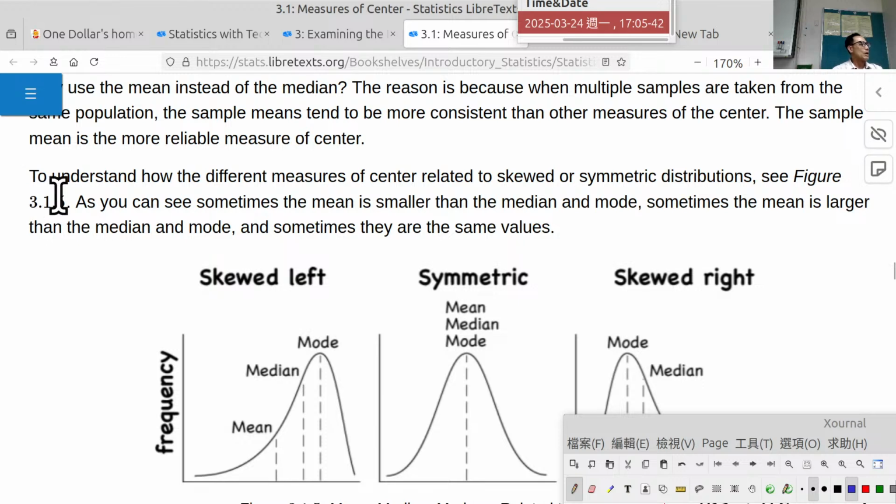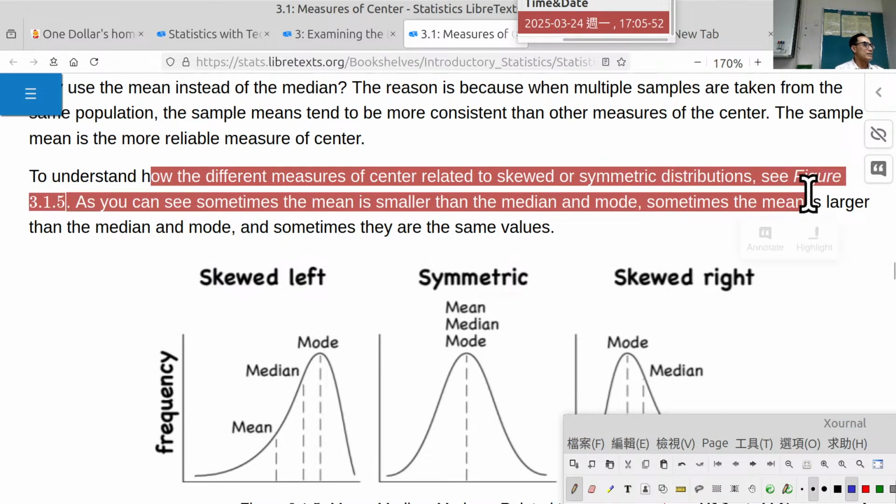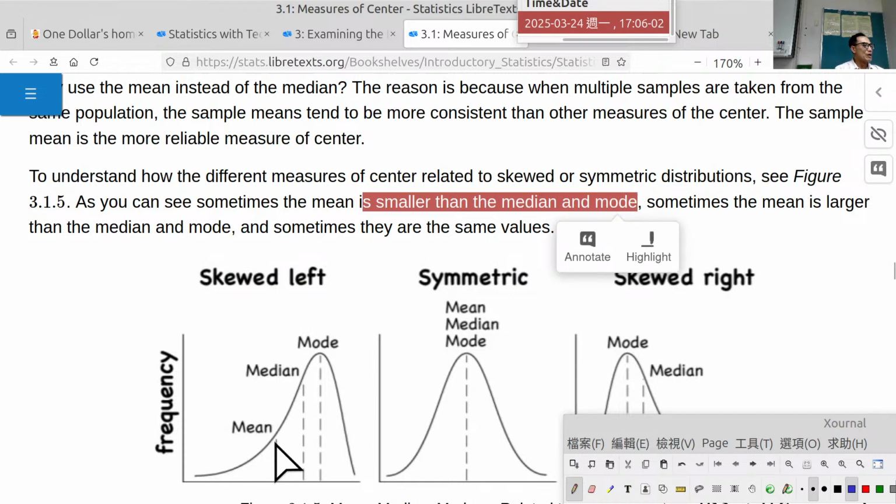Now, to understand how the measures of the center relate to skewed or symmetric distributions, let's see this figure. As you can see, sometimes the mean is smaller than the median and mode.